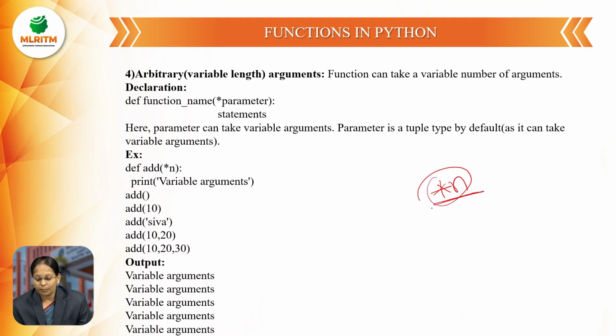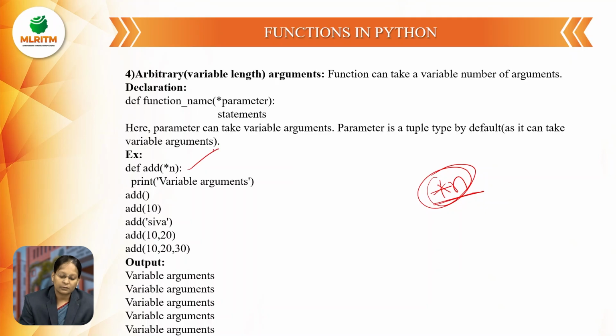This indicates any number of arguments. Then we can pass values for any number of arguments. Here we are not mentioning the number of arguments to the calling function. The parameter is a tuple type by default, as it can take variable arguments.